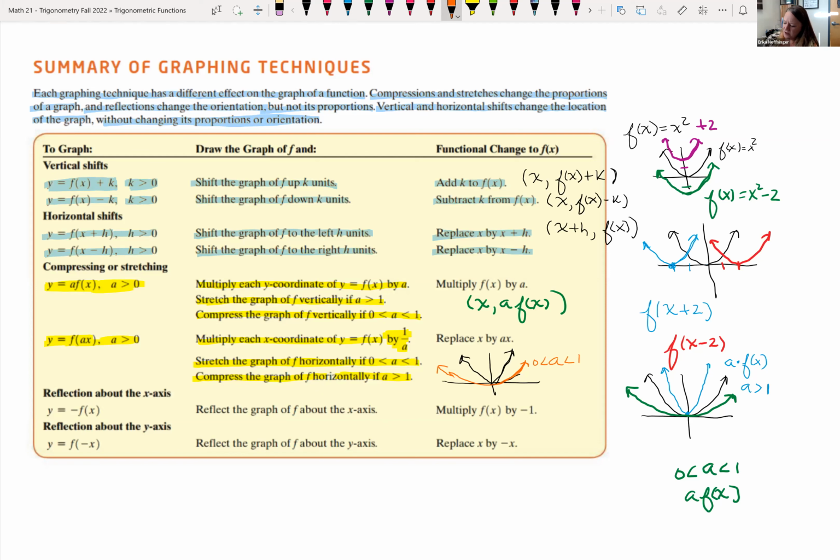If a is bigger than 1, let me just think about this for a sec. And if a is bigger than 1, then it's going to compress it horizontally. And so it's going to make it skinnier.